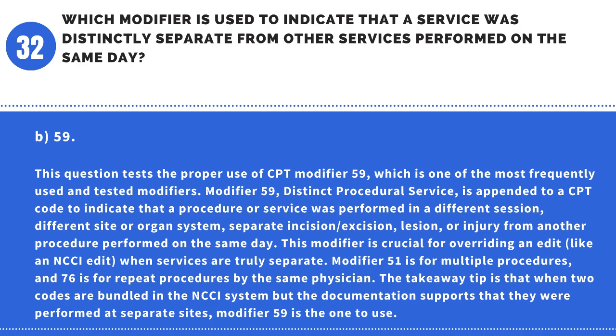This modifier is crucial for overriding an edit, like an NCCI edit, when services are truly separate. Modifier 51 is for multiple procedures, and 76 is for repeat procedures by the same physician. The takeaway tip is that when two codes are bundled in the NCCI system but the documentation supports that they were performed at separate sites, Modifier 59 is the one to use.